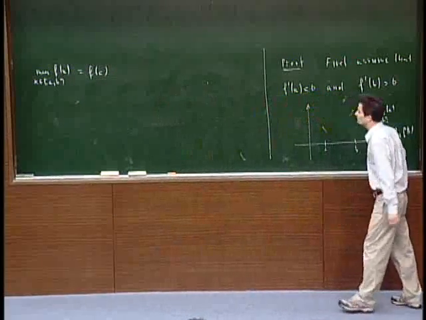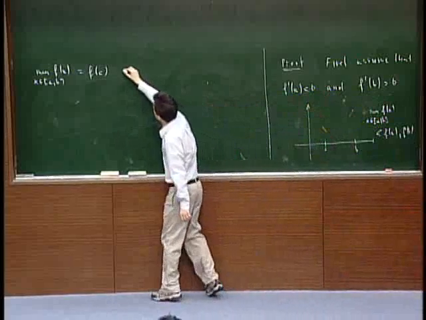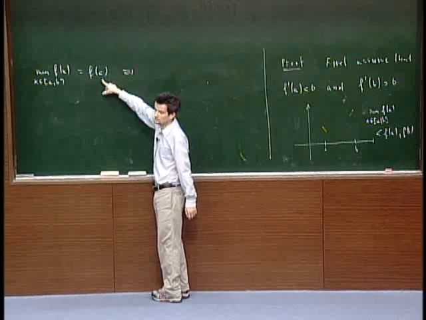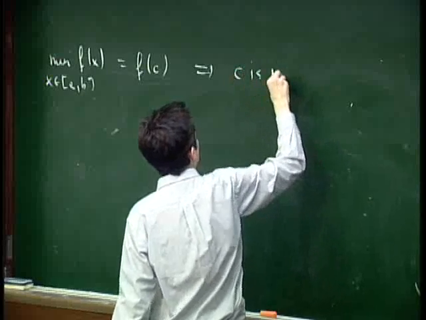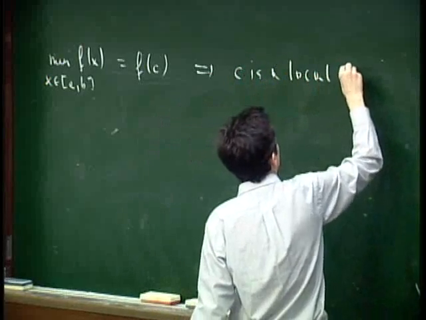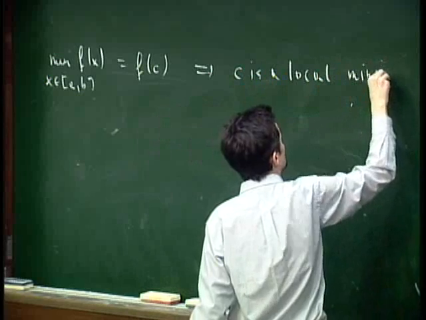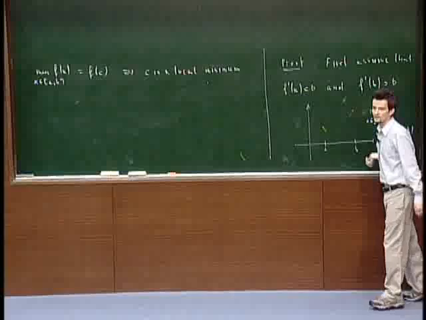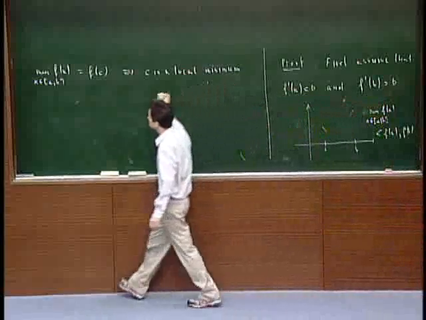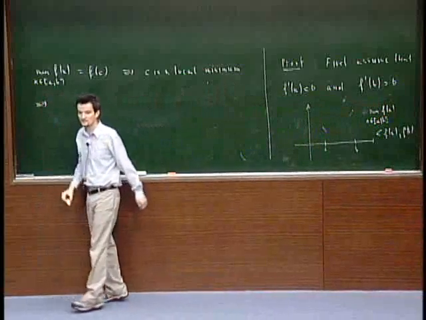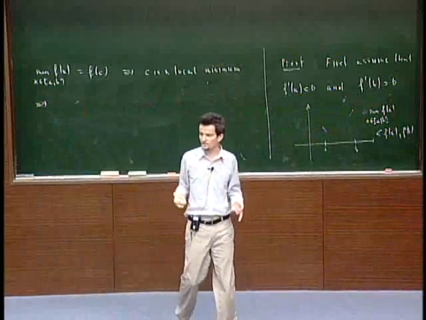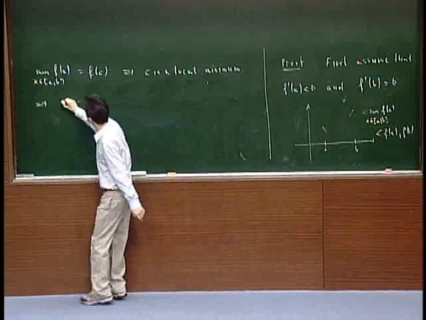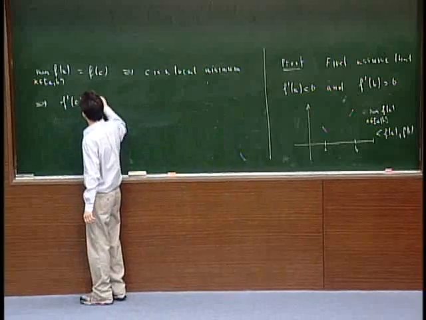Now, from this we see that c is not only an absolute minimum, but also local. So c is a local minimum, because it cannot happen at the boundary. But this means that because our function is differentiable inside the interval, there is a minimum inside the interval. So by Fermat's theorem, the derivative of f at c is equal to 0.